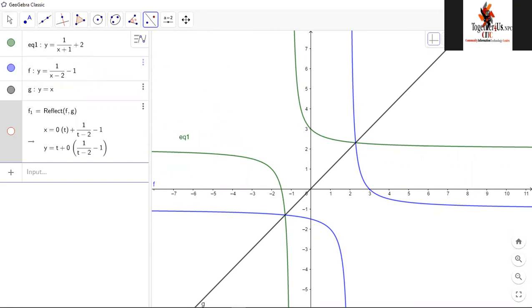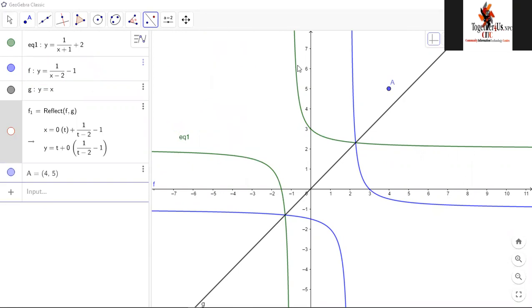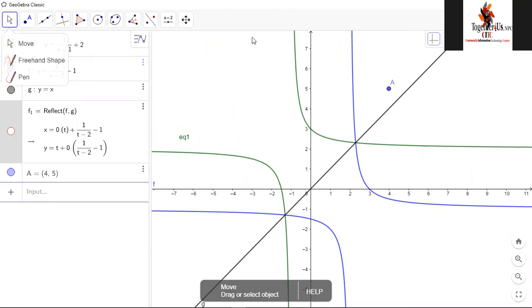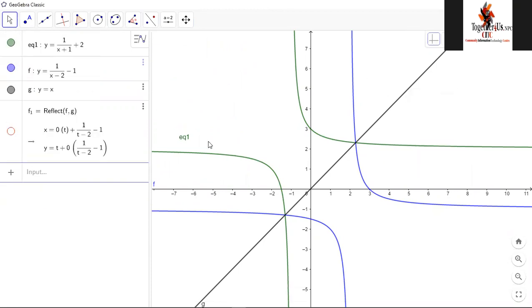If I want to find the inverse of the hyperbola, even without the luxury of this lovely tool called GeoGebra, this is one thing you can always do. The original equation was y equals 1 over x minus 2, minus 1.